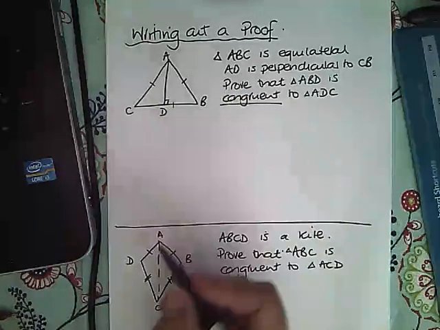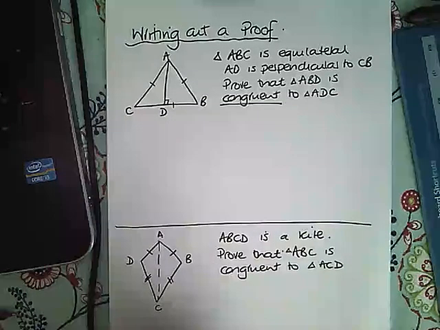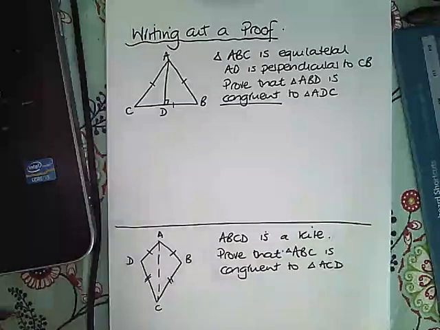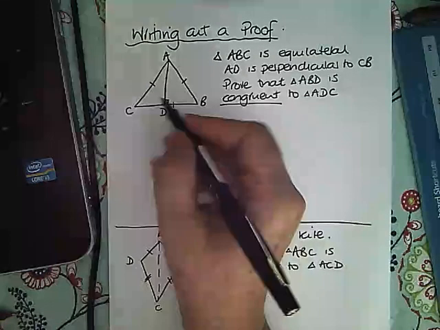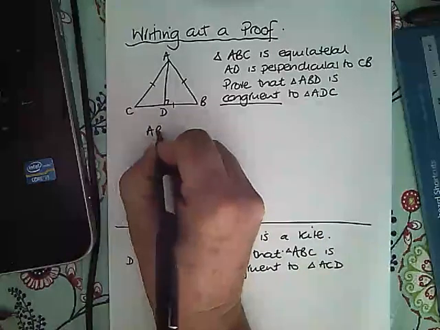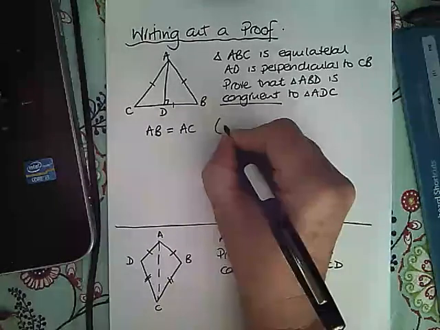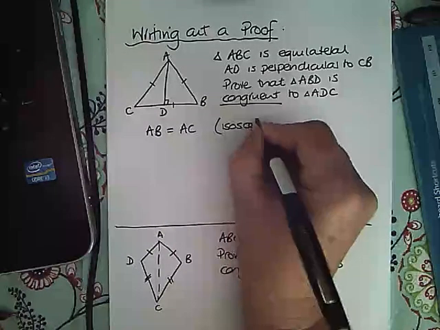So they're asking you to show that those two triangles are identical. The way in which I would do this is I would look for these two sides being the same. So AB is equal to AC, and that's because it's an isosceles triangle.